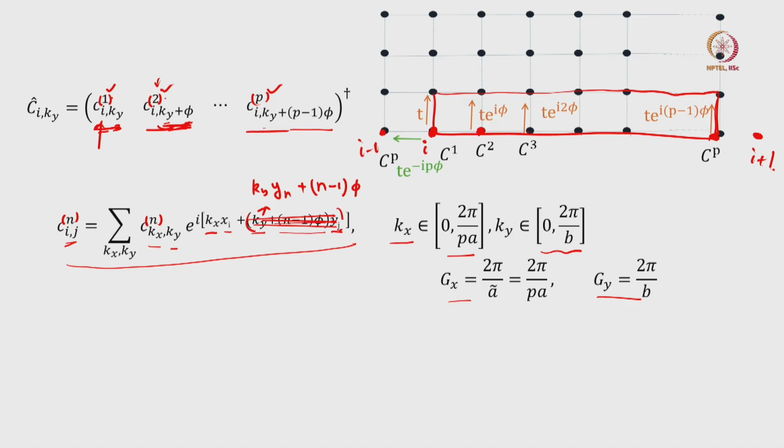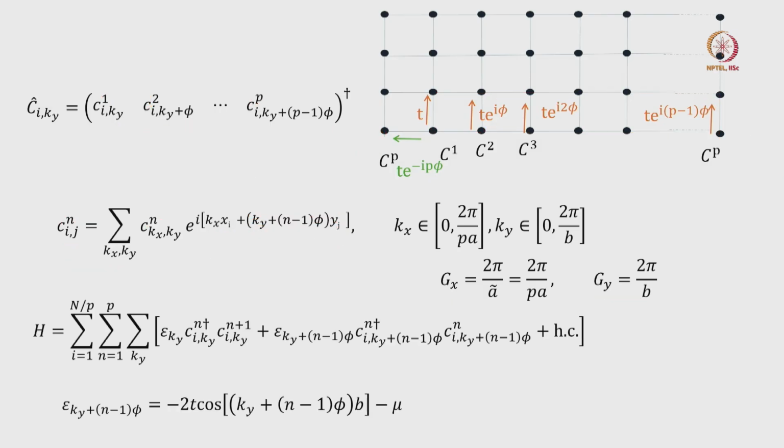This entirely is replaced by this. So that means there is still an I. Now if you do that, we had a summation over ky, because we are in the Fourier space along ky, and in real space we are going from I equal to 1 to, this is the magnetic unit cell.